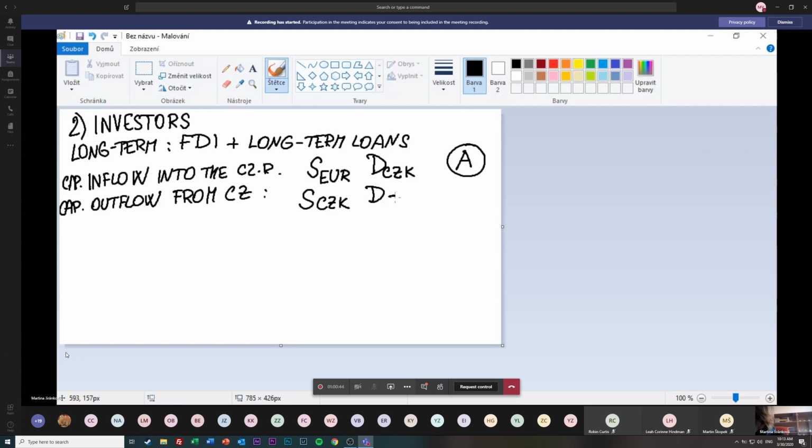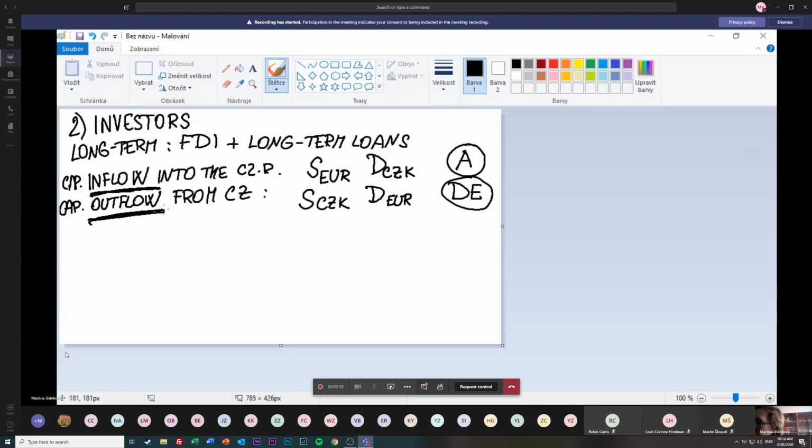After some time, I will have to pay off the loan, repayment of the loan. So I have Czech crowns and I have to repay in euros again in Germany. So I will come to the currency market, I will have Czech crowns and I will demand euros, I will buy euros.